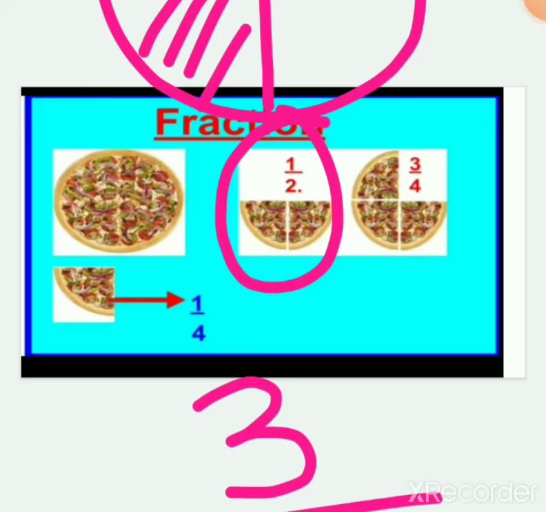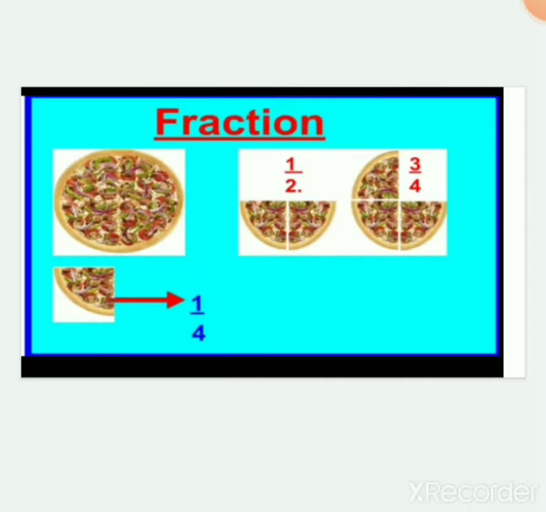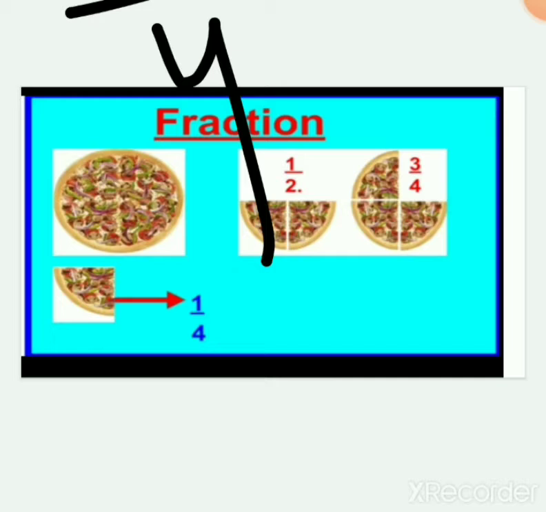So it will be 3 upon 4, and the remaining will be 1 upon 4 of the pizza, right? And you all know that 1 upon 4 is a fraction, where 1 is the numerator and 4 is the denominator.